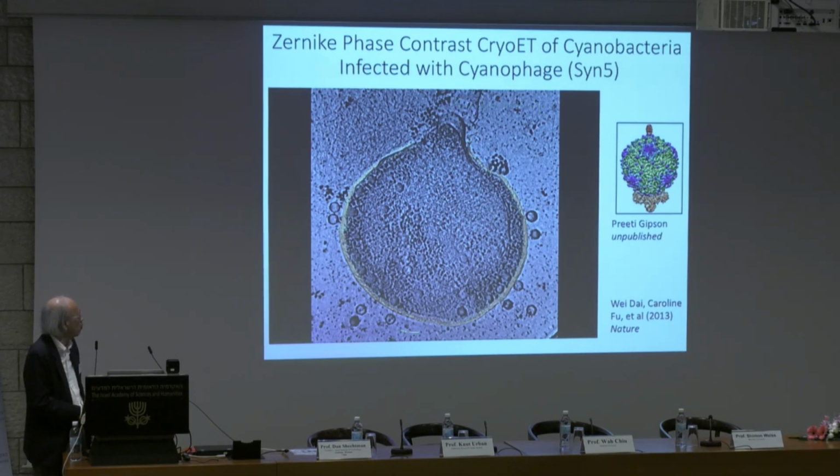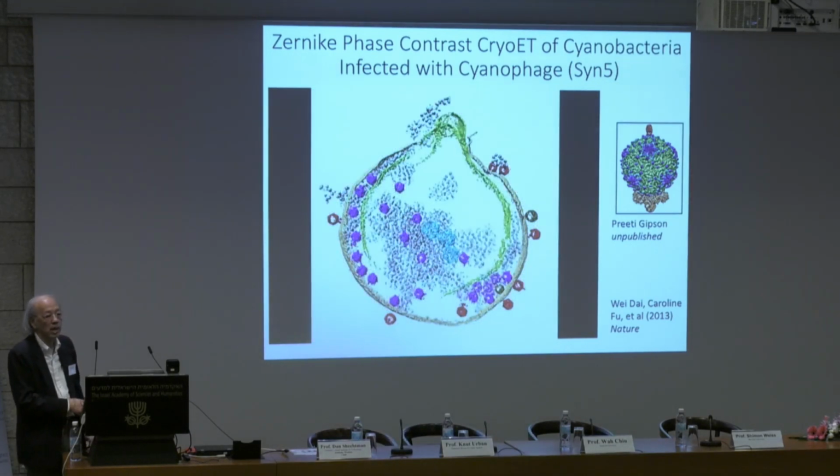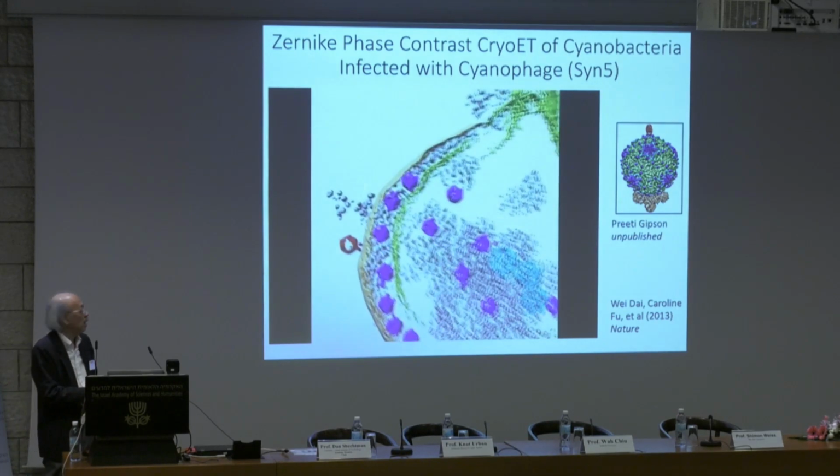This is the cell envelope in brown color, the thylakoid membrane in green color, and then this is the carboxysome that holds all the RuBisCO, which fixes carbon dioxide, and then here the vesicles, here is the infecting phage particle, and in here there are newly formed particles, and the purple color are the newly synthesized baby phages that are born, synthesized, and assembled in the bacteria.